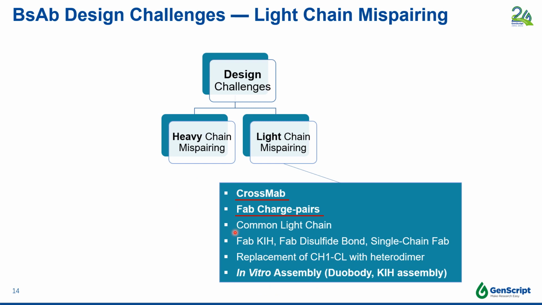Among these, common light chain is the most perfect design for production, but this needs a complex screening step before you get the sequence, so not many people are using this design. In this part, I'll focus on cross-map and Fab charge pairs.